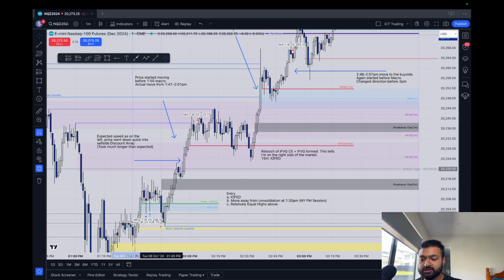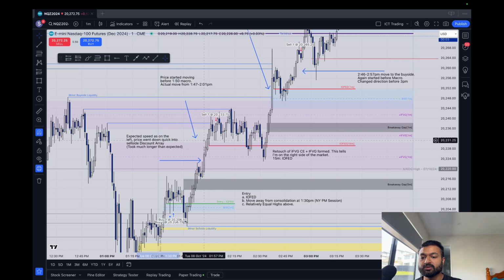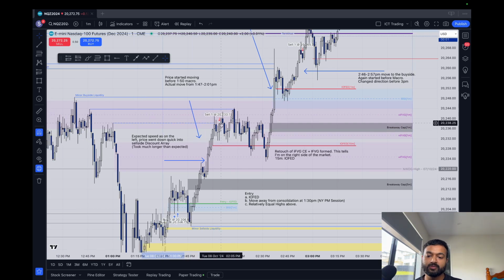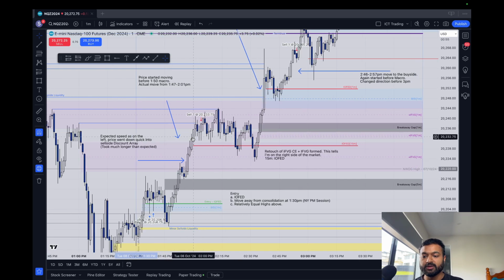So if we're bullish, 1:46 is when we started, and then we continued to run until 2. So usually before 2 or at 2, we do get a retracement from the start of the hour macro if the last 10-minute macro had a run. And that's exactly what happened. So at 2 p.m. it stopped, and then we started retracing all the way until 2:30.